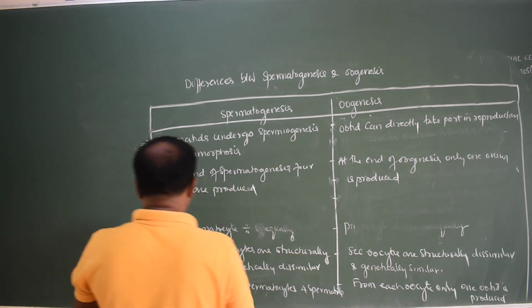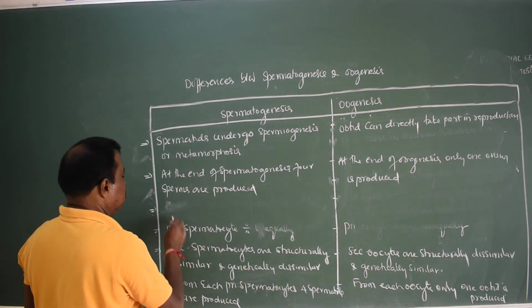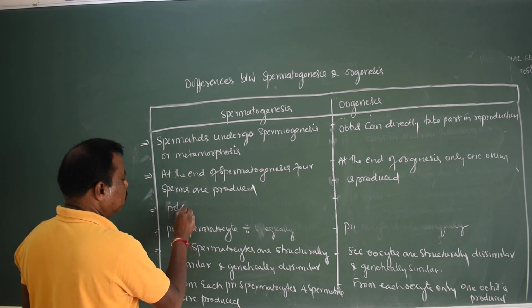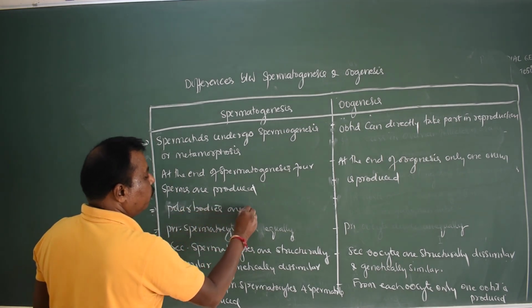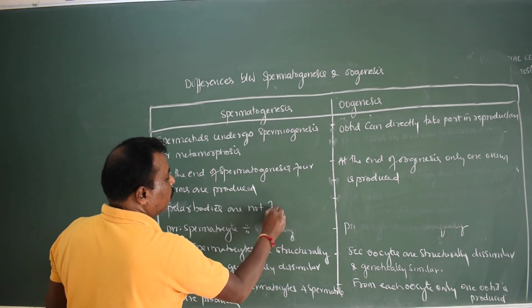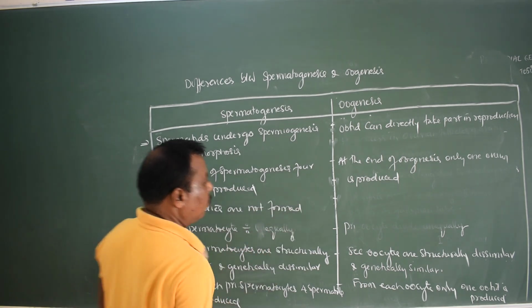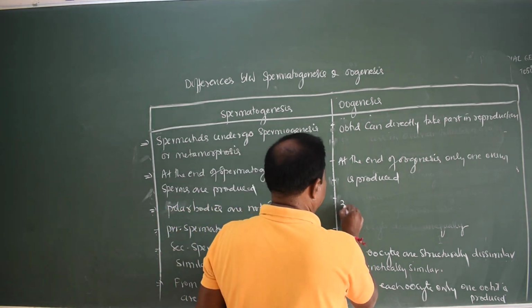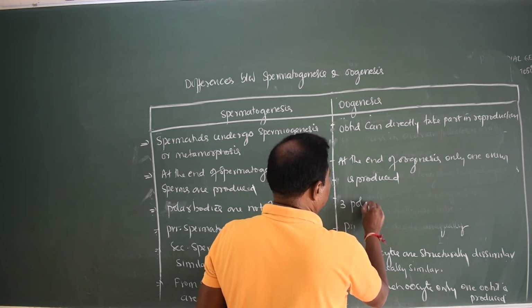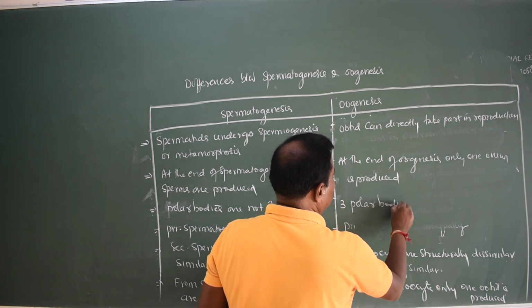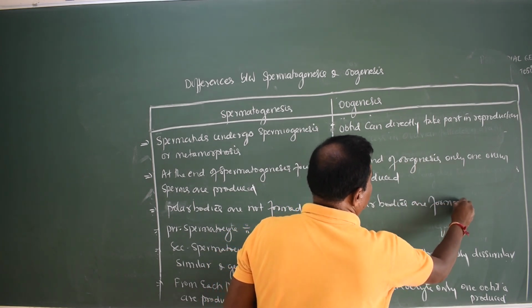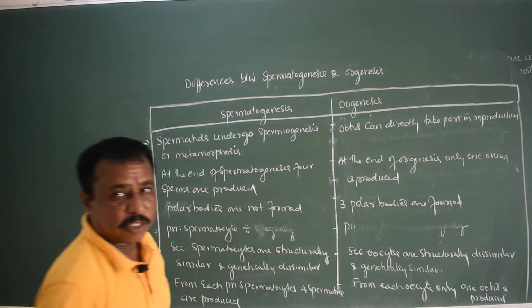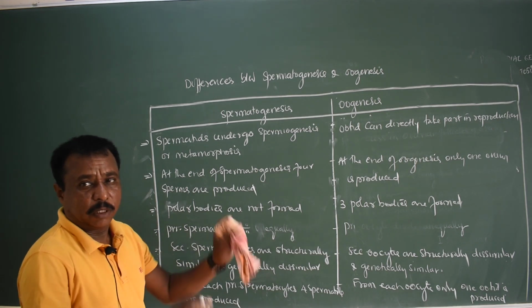And the last difference: in spermatogenesis polar bodies are not formed, while in oogenesis three polar bodies are formed. That is about the differences between spermatogenesis and oogenesis.